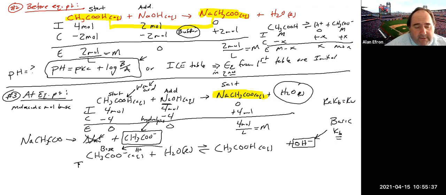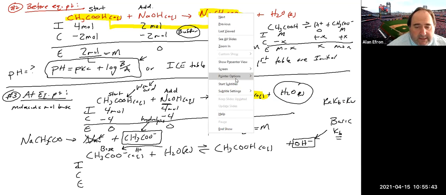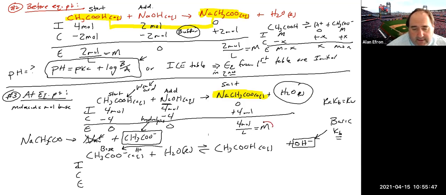But we will need to do an ICE table here. And where do we get the initial concentration? Well, the initial concentration is going to come from the previous table. So this right here would be what we would use right there. So I'll turn them red. We would use the concentration from the previous table as our initial concentration here.